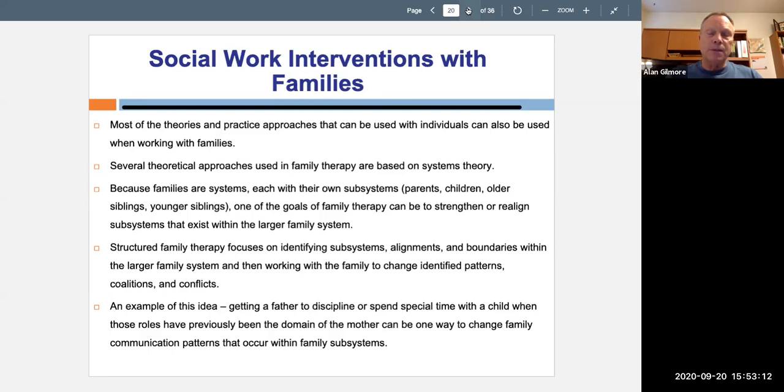Sometimes it's about the parents, sometimes it might be about the children, sometimes it may be a relationship between two members, the mom and the youngest daughter, and really the whole family needs to work together, but you could also need to address these particular subsystems within a family.